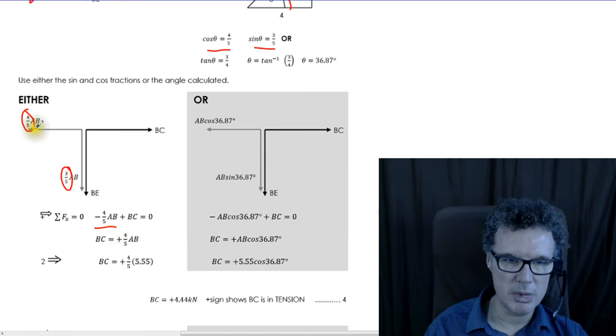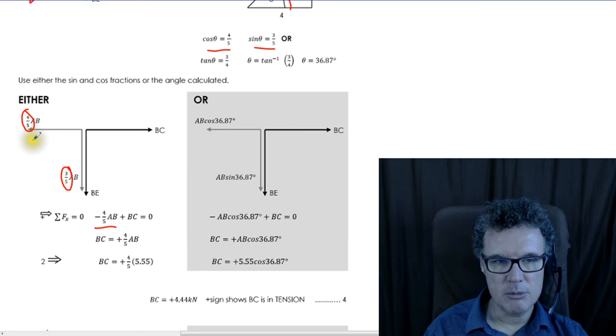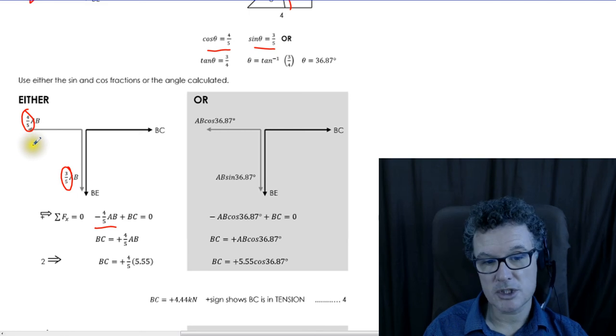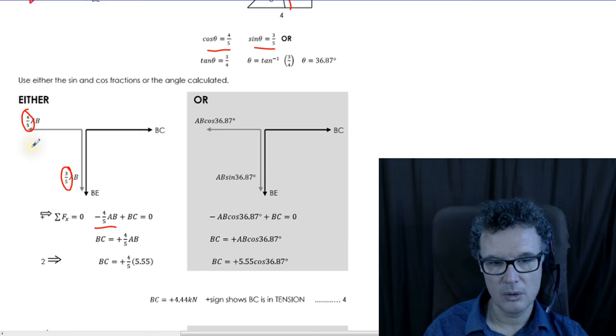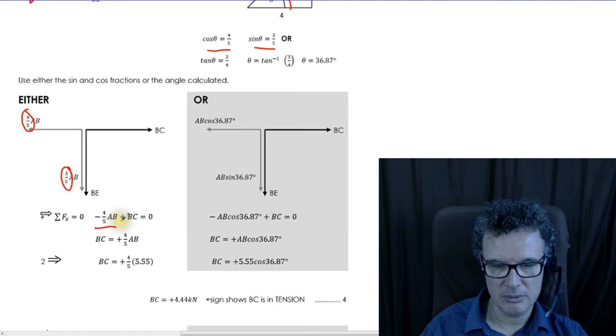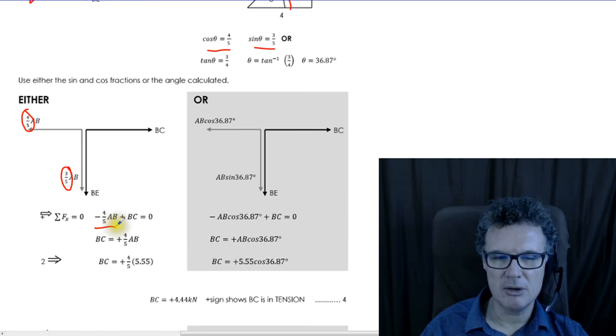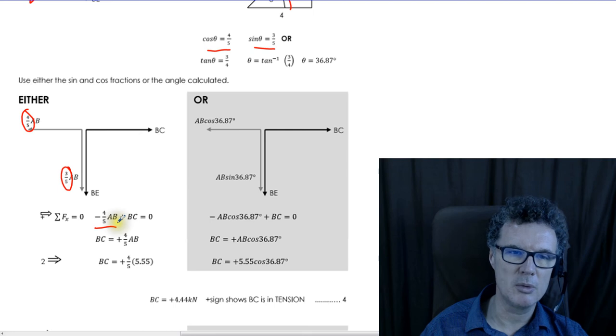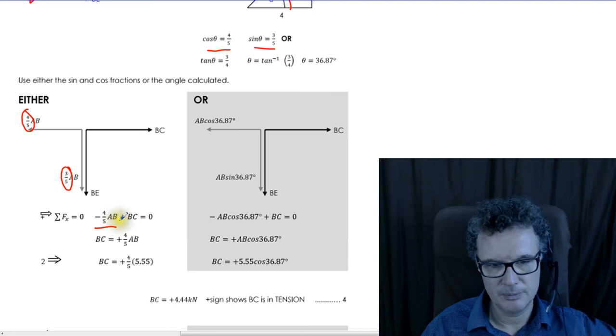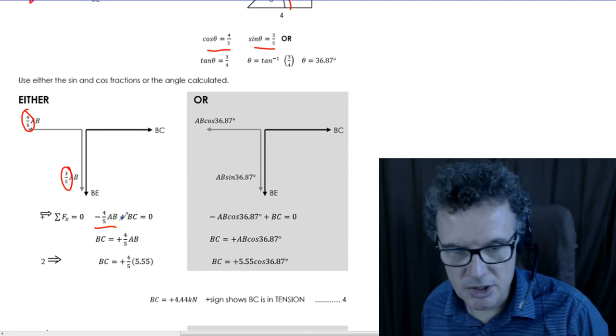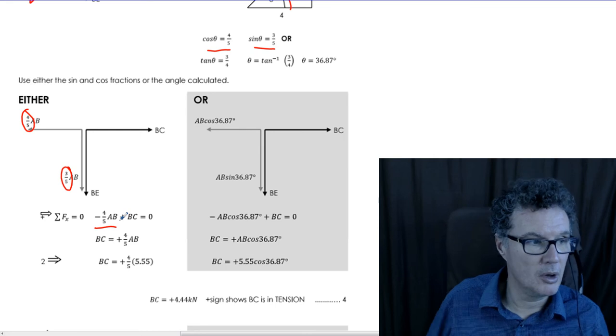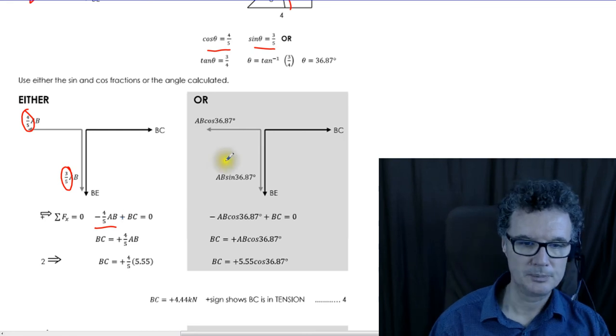So just think of AB pointing this direction. Whether AB's value is actually positive or negative, we ignore when we're doing this. I'm not referring back to whether I know which way AB is supposed to be pointing. I'm going to let the minus signs help me out and work out my solution for me.